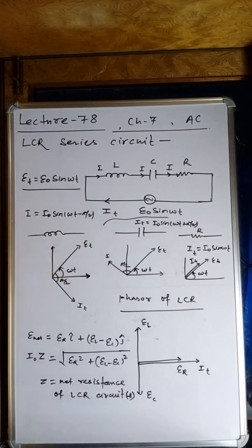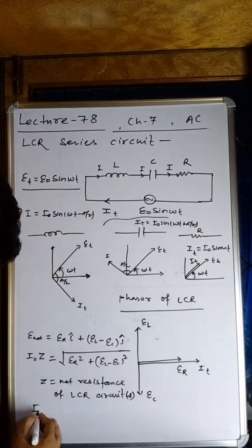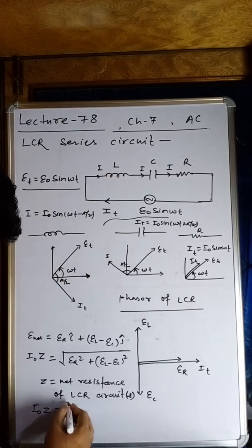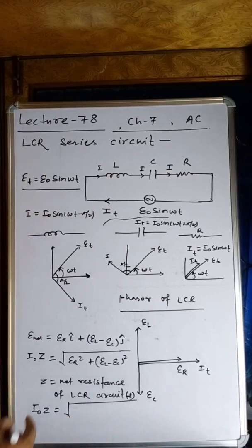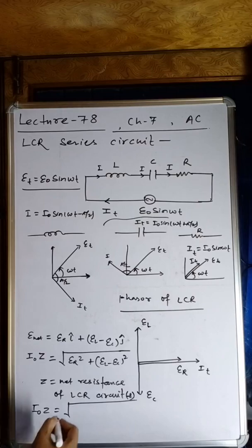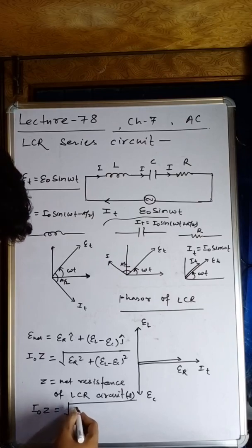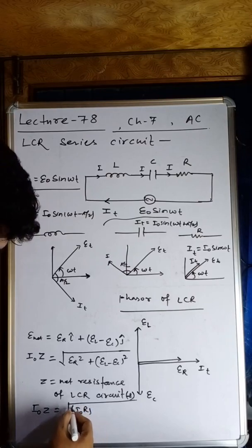My dear students, further we are going to find the equation of impedance. This Z is also called the impedance. We have studied already, Z is called the impedance, that is the net resistance, and this will be I naught square R square.